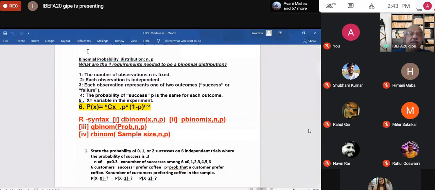Next, each observation is independent. Independent in the sense that the roll number selected first has nothing to do with the roll number selected second time. Therefore, every observation in the sample will be independent.